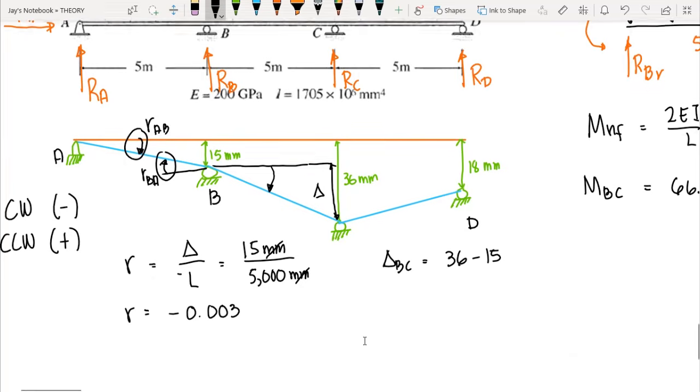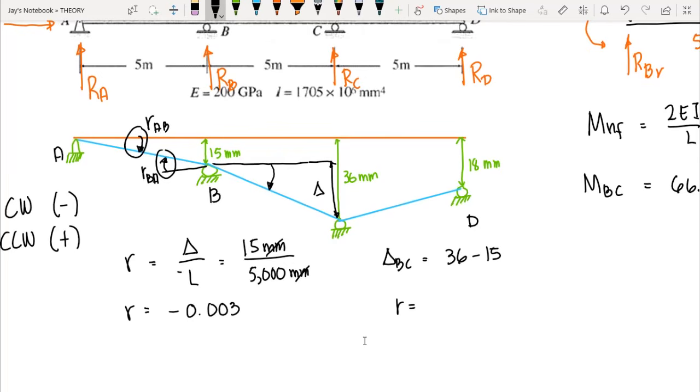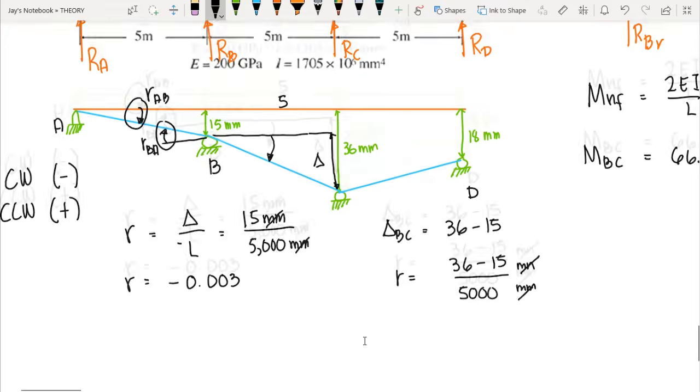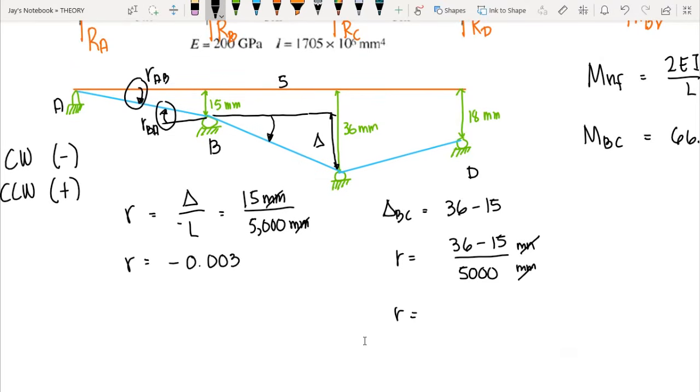So we have R equal to 36 minus 15 divided by the length, which is 5 meters, so therefore this is 5,000. These are all in terms of millimeters, so you can cancel out. The remaining would be in terms of radians. So we have the answer here, 4.2 times 10 raised to negative 3.